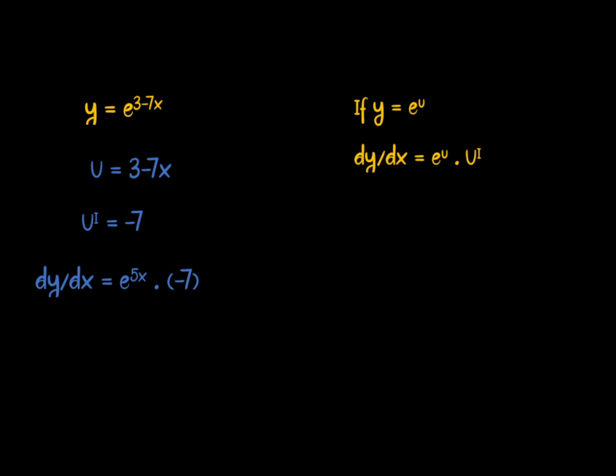And then when we multiply these two together, we can just write it for a better presentation. So we have minus 7 multiplied by e raised to the power of 3 minus 7x. So that is the answer to such a question. Let's take a look at another example.